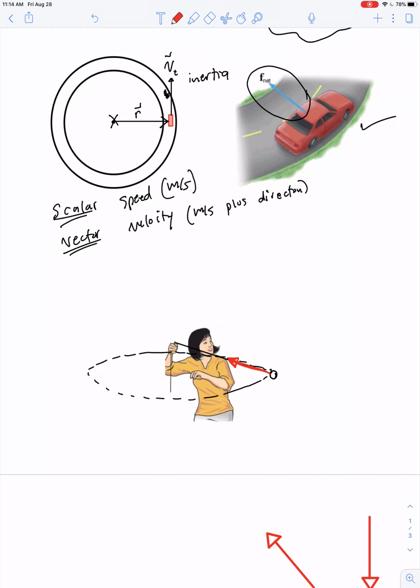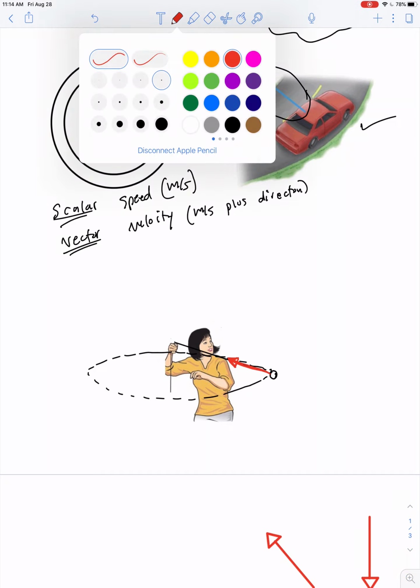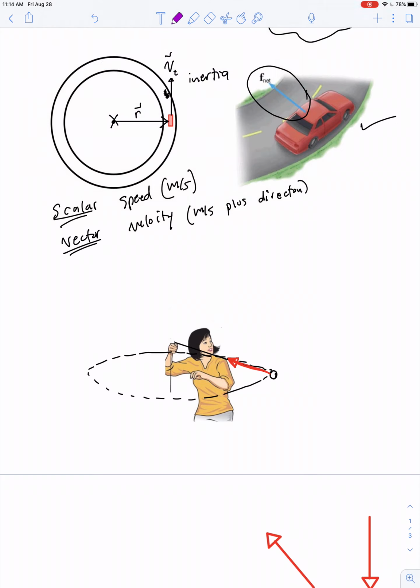And just like we did with velocity vectors in our study of projectile motion, we can break that tension vector into two components. So it pulls a little bit inward and it pulls a little bit upward. So if we wanted, we could call this T and put a subscript X to say that's the horizontal component to the tension, and a T with a subscript Y for the vertical component.